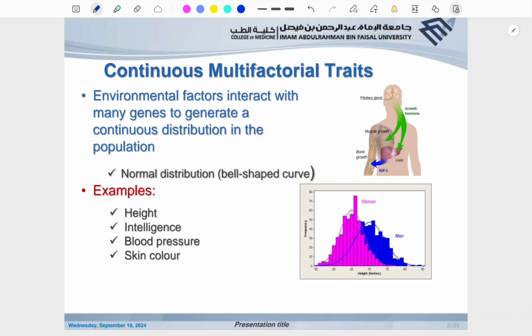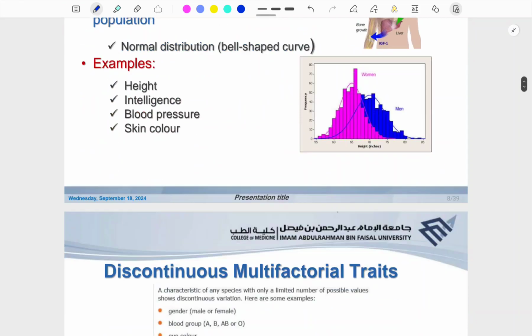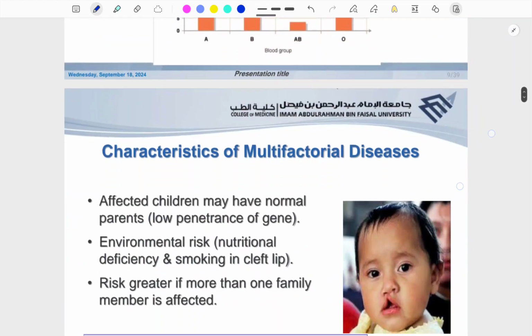And if you do blood pressure or skin color, the same, for women and men, bell-shaped. But if you do the qualitative, do you have the same thing? No. You have something like this. For example, blood groups: you're A, B, AB, or O, four kinds. Do you have a bell shape? You don't. Do you understand the difference now?